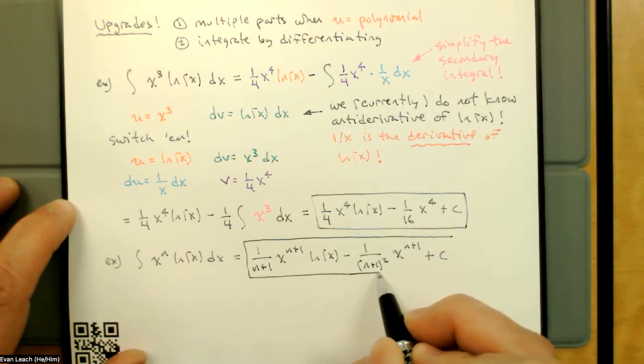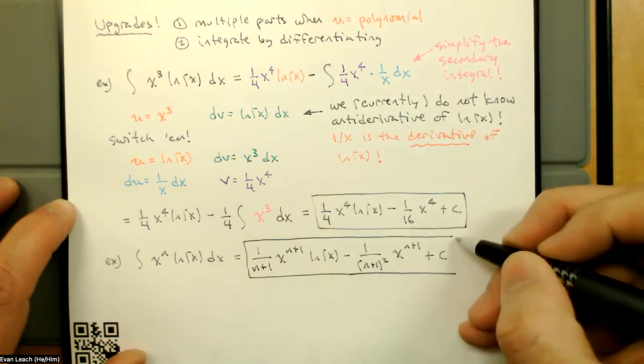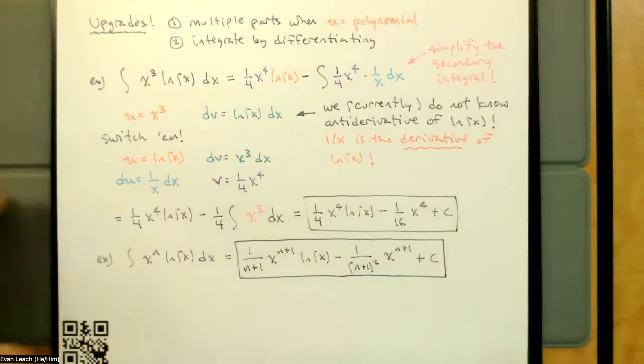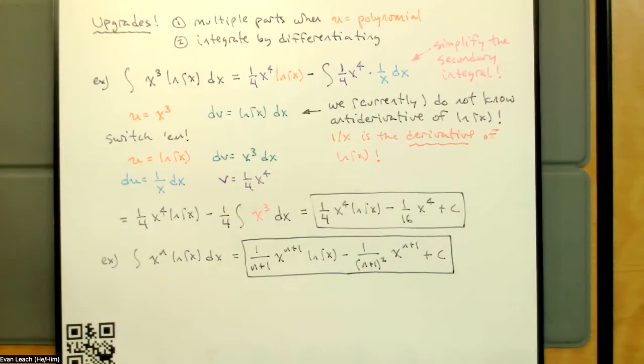I've got denominators running around here, and those denominators have n's in them. So I can't do this for any value of n because there are some values of n that will make denominators equal to 0. So this will not work if n is equal to -1.